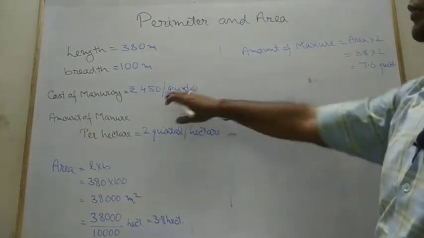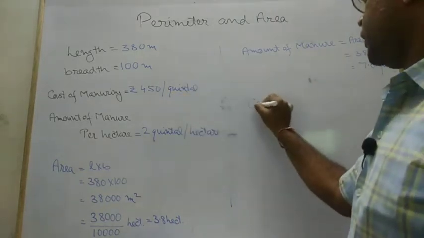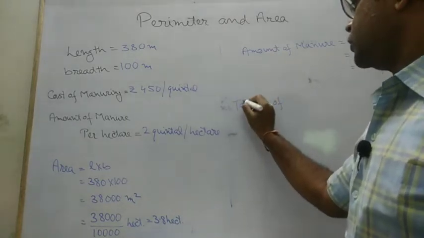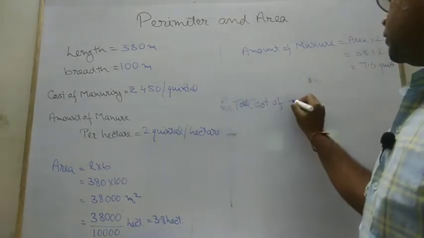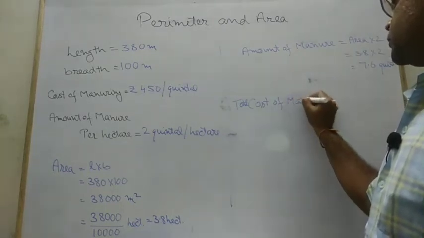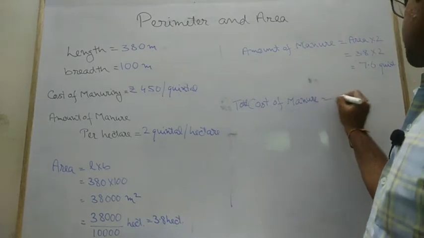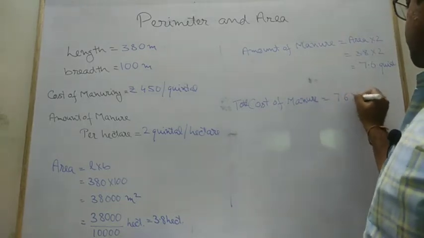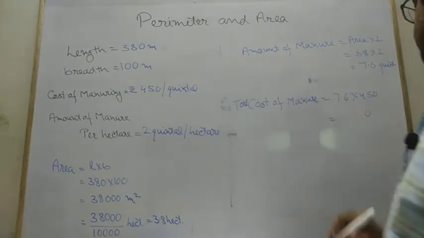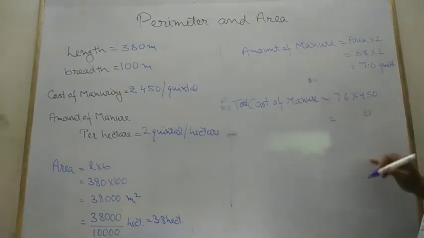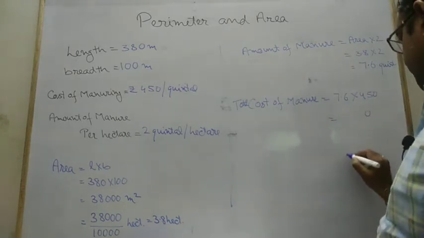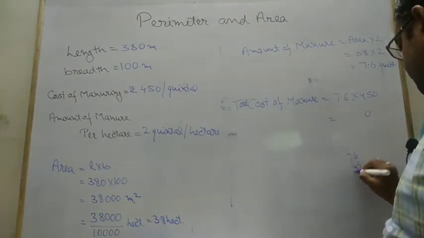And cost of manure, the final solution: total cost of manure equals 7.6 into 450. When we multiply, in rough we can multiply, this is a very long digit.